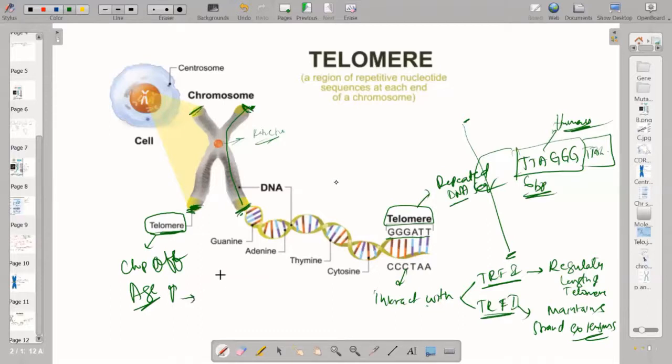How well your cells respond to this will depend on your age. As you age, a lot of this portion is destroyed, and if the telomeres are completely destroyed, it will start destroying the other part of the DNA. That is where you will see many problems associated with age.